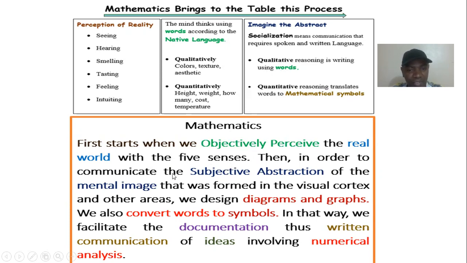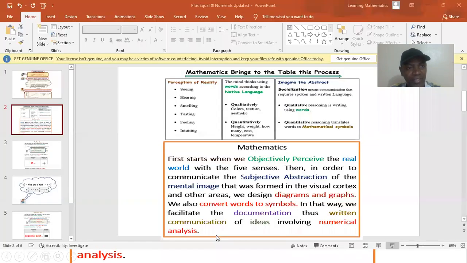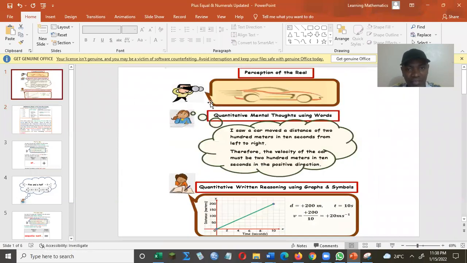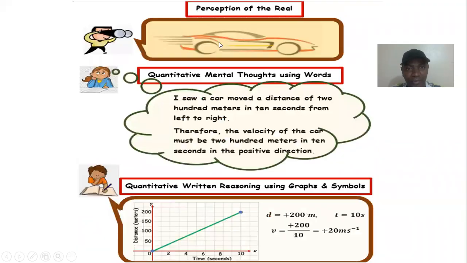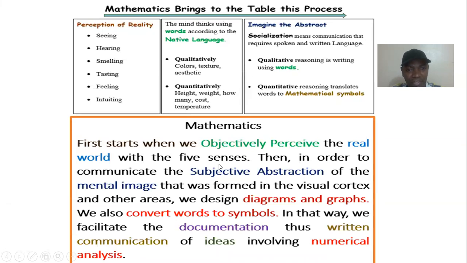Then in order to communicate the subjective abstraction of the mental image that was formed in the visual cortex and the other areas of the brain, we design diagrams and graphs. We also convert words to symbols. In that way, we facilitate the documentation, just written communication of ideas involving numerical analysis. Okay, so therefore now you can actually see the transition from the real to words to symbols, and this gives rise to one of the definitions of mathematics.